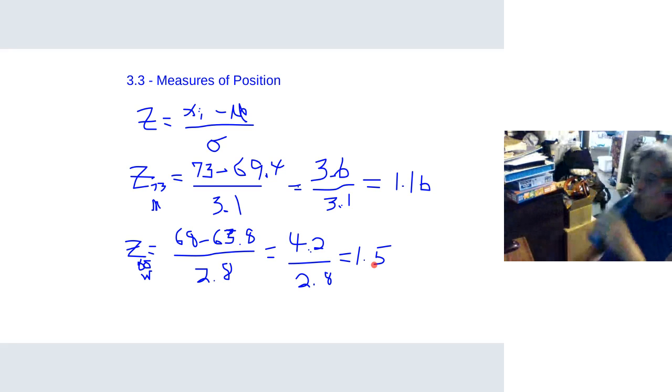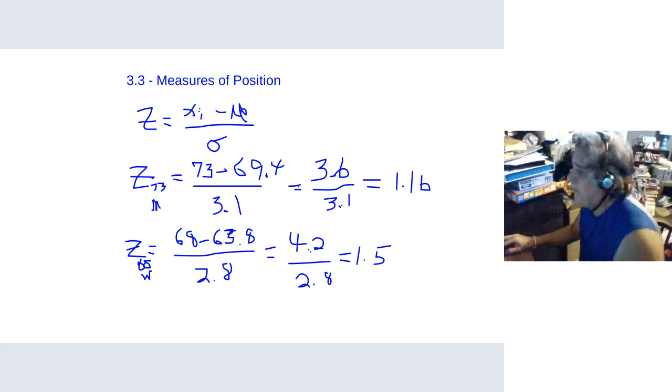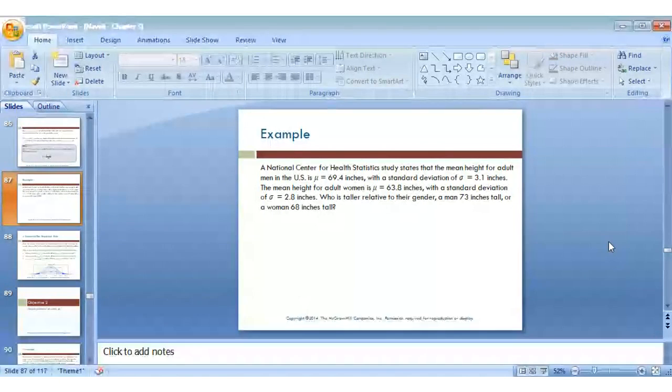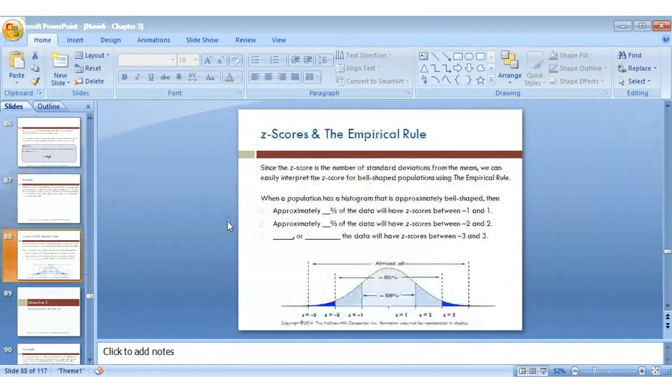Now, which one is taller with respect to their gender? Well, it would be the 68-inch tall woman, because of their standard deviation, and you can kind of see it from this.